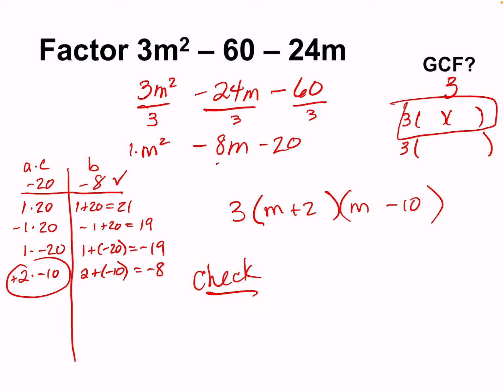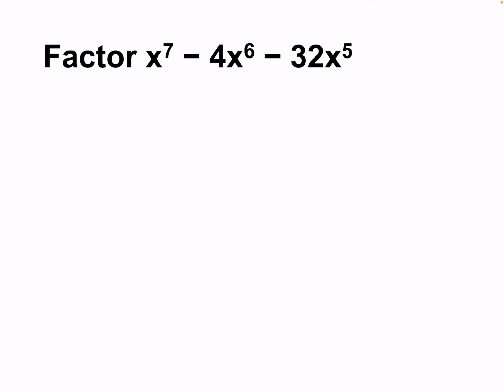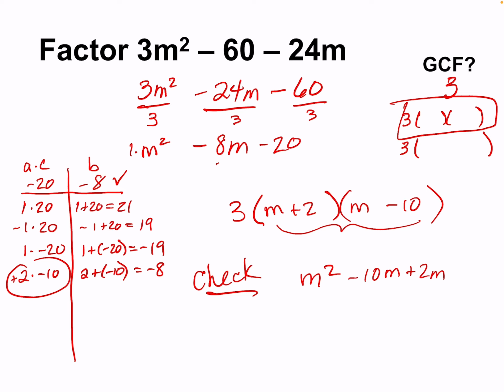Always do your check. I'm going to multiply the two binomials together with FOIL first. Front 2 terms gives me m squared. Outside 2 terms is negative 10m. Inside 2 terms is positive 2m. Last 2 terms multiplied together, well, phooey, is negative 20.